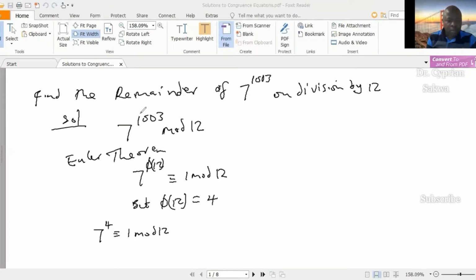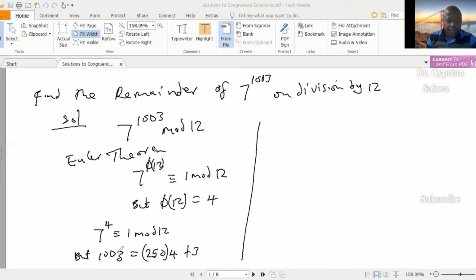But what we want is 7 raised to 1003. So this 1003 must be written in terms of 4. 1003 in terms of 4, 4 would go there 250 times. And the remainder will be 3. So that is how 4 goes there.